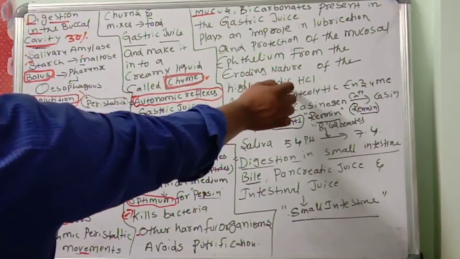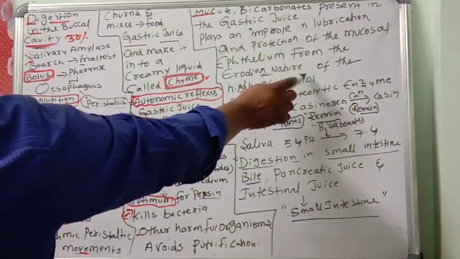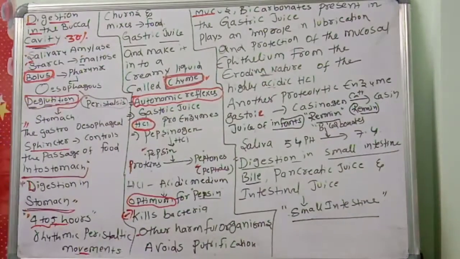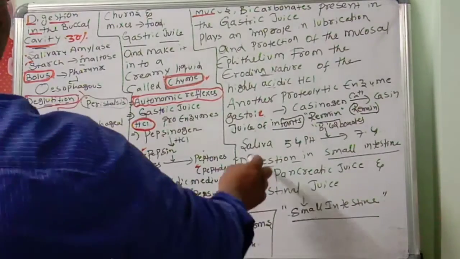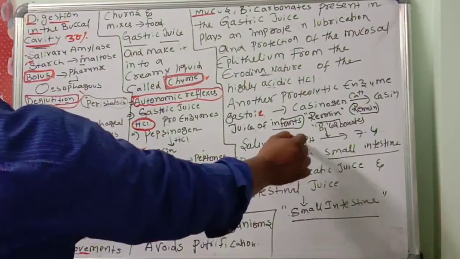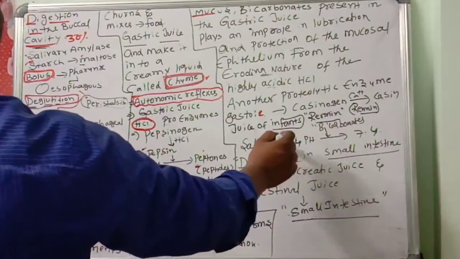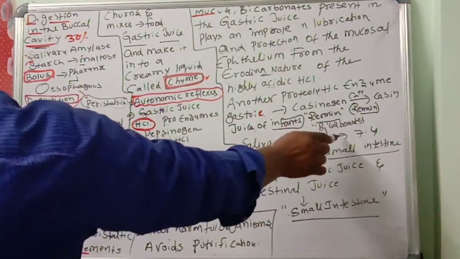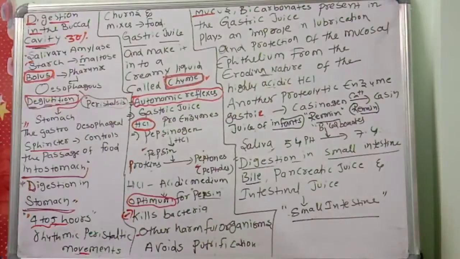Otherwise ulcers will come. Too much HCl causes ulcers. So, from that, mucus and bicarbonates. What do the bicarbonates do? They raise the pH, as from 5.4 to 7.4 in saliva. Like that, they create an alkaline nature against the acids.